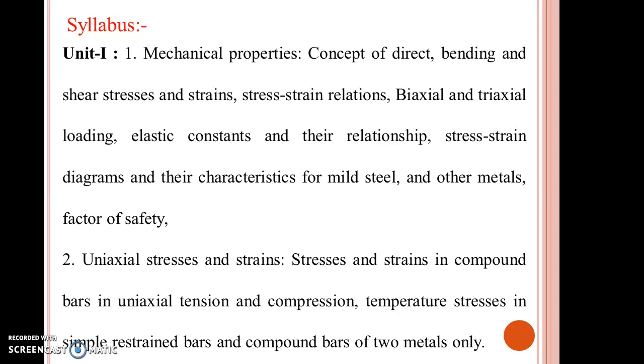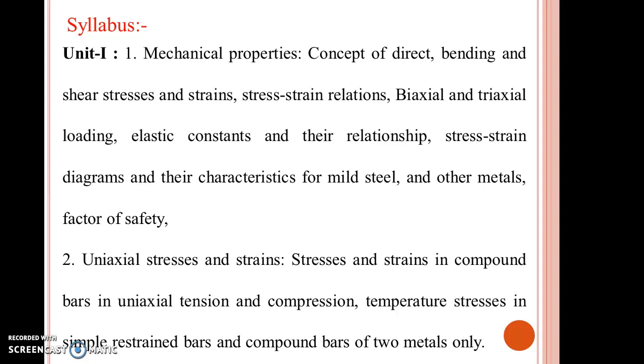As I told in the previous lecture, the stresses and strains are classified on the basis of the line of action of the forces, or on the basis of the type of forces acting on it. Okay, and what type of stress is created over there.